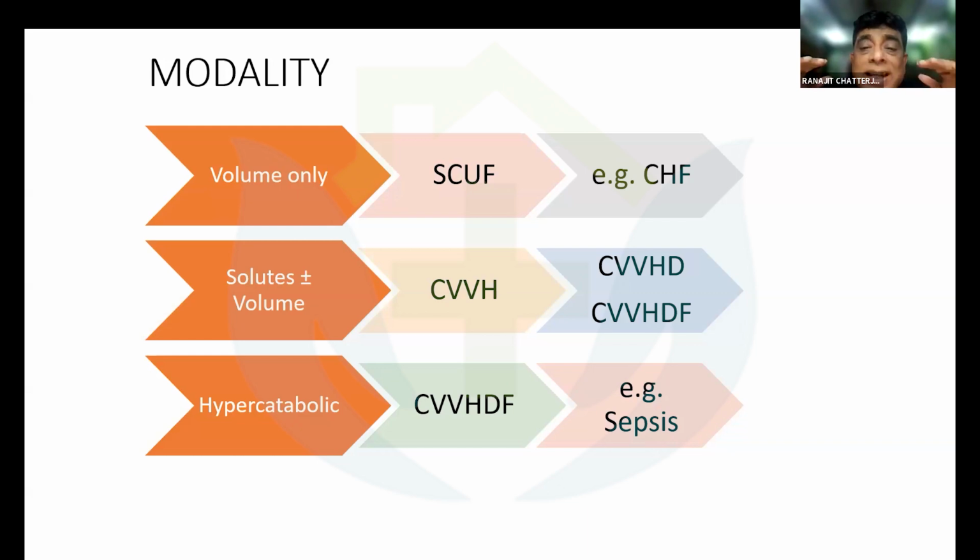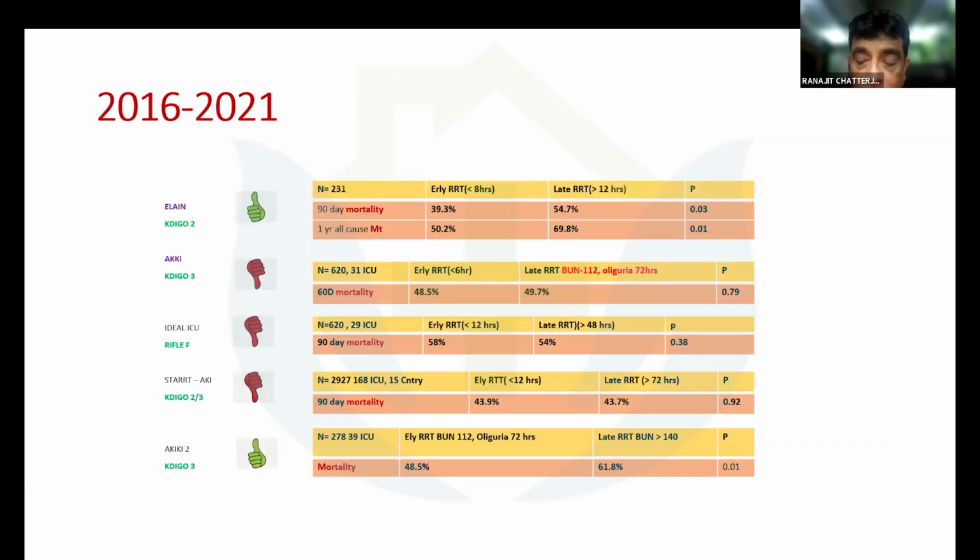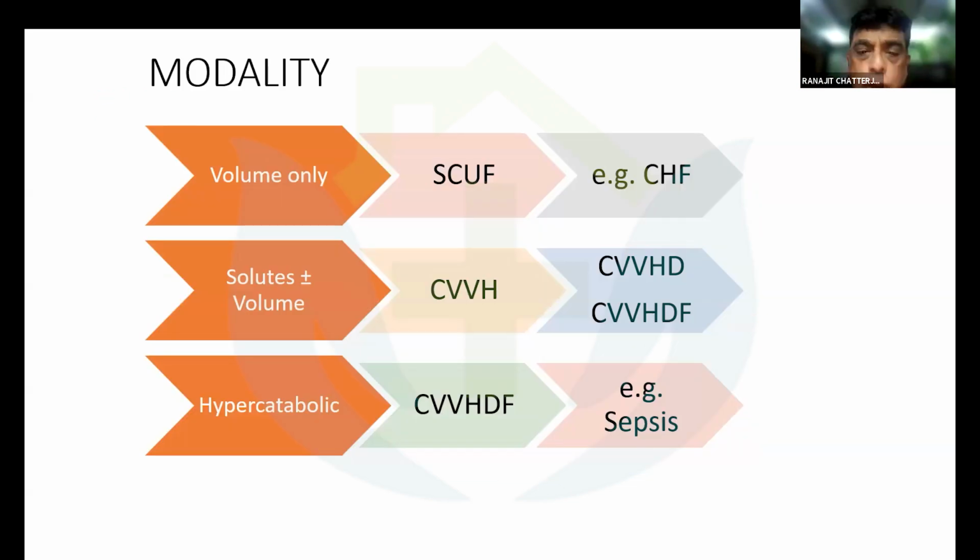Here, it is working against pressure gradient. Dialysis works against concentration gradients, so small molecules. Hemofiltration works against pressure gradients, so not only small molecules, but also the bigger molecules. Along with that, it will draw a lot of fluid. So that is a solvent drag or convection.